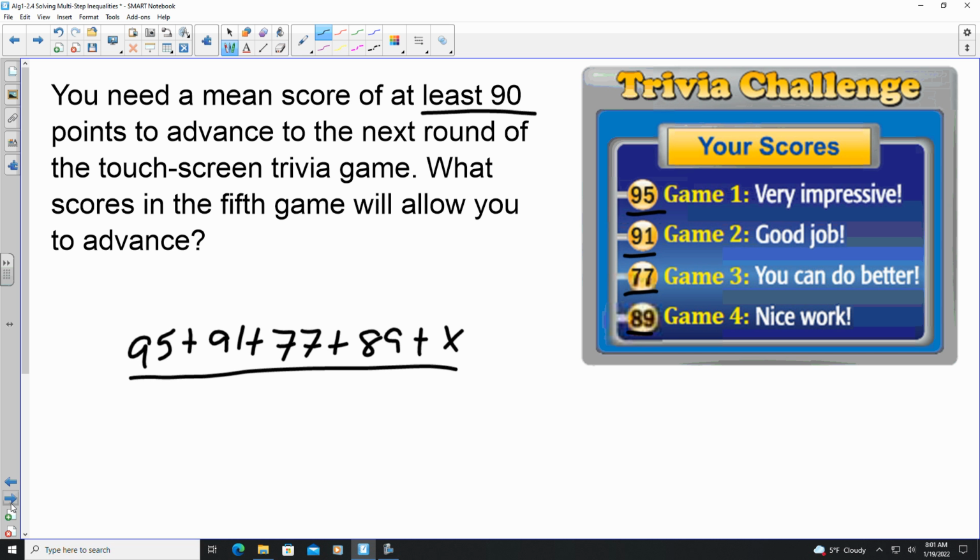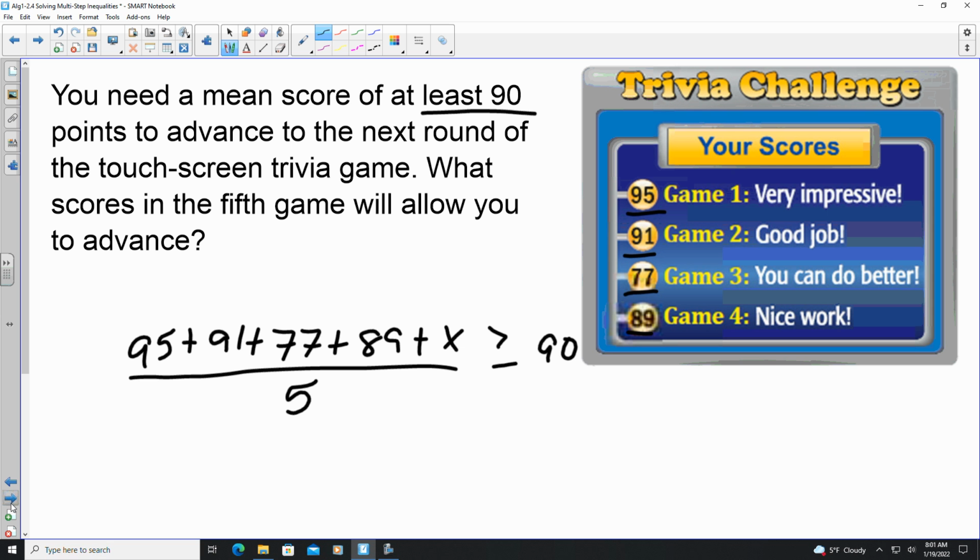This is all going to be divided by 5, and you have 90 on the other side because it has to be at least 90. So it could be equal to 90, but it's got to be greater than or equal to 90 on the left-hand side in order to receive enough points to move on to the next round.